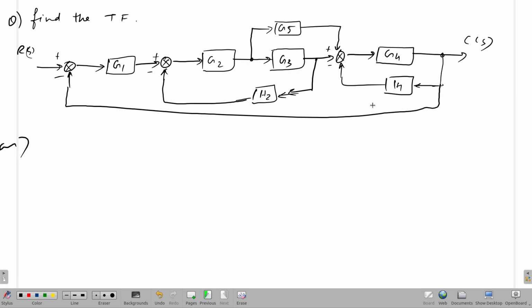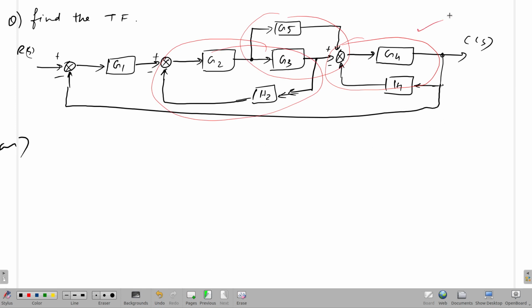So it is up to you to identify which block to change, right? So right away, let's say you can identify a feedback here. You don't have to do anything, you can implement it directly. Also, there is a feedback here. There is a parallel path here, right? There is a parallel path here and there is a feedback here and there is a feedback for the whole thing.